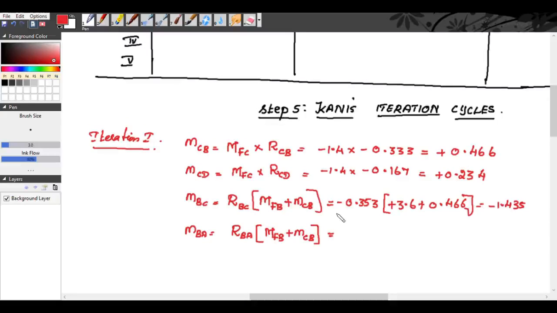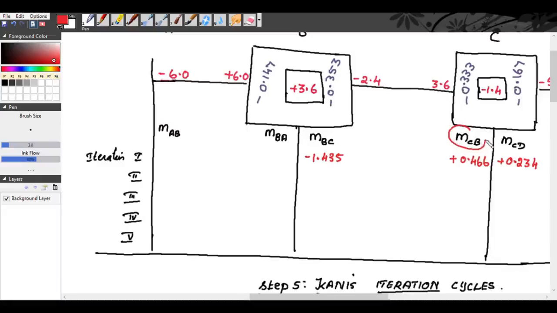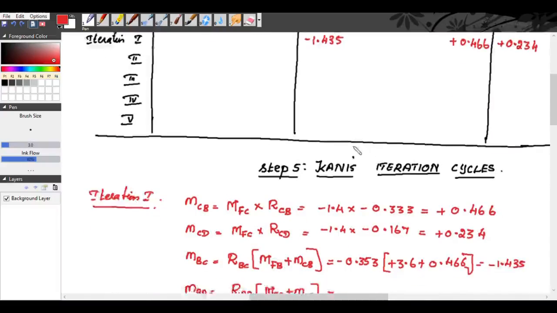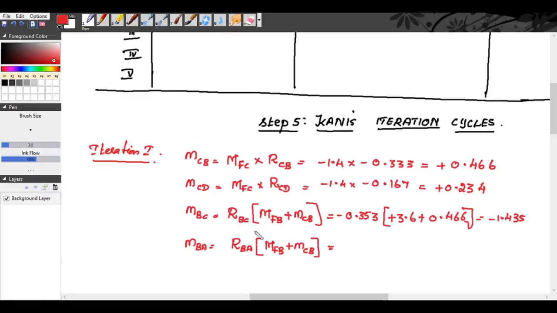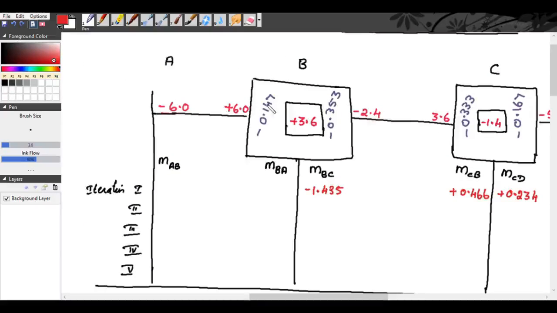That is why I told, only this will be contributing to this joint and only this will be contributing to this joint. Only MCB will be contributing to the joint B. So we get RBA is minus 0.147.